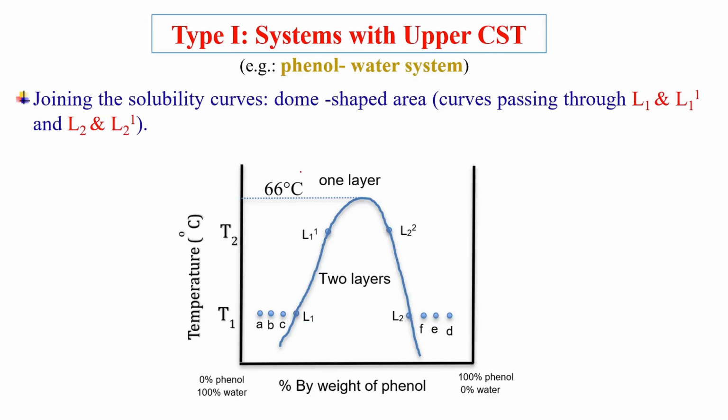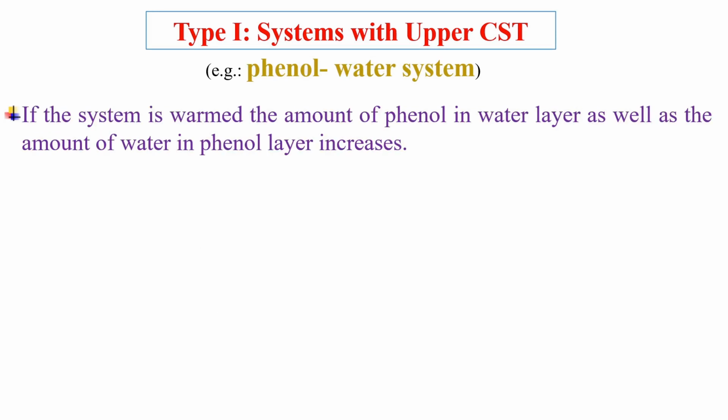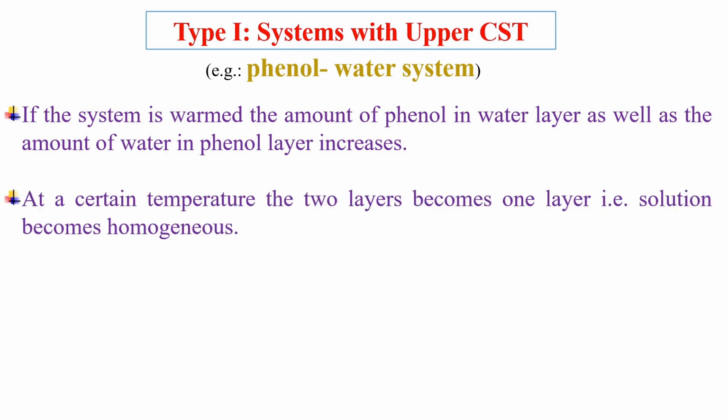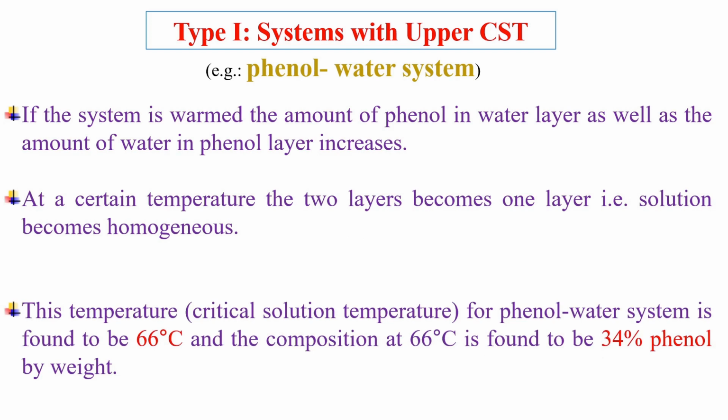By joining the points L1 and L2, a dome-shaped area is formed. If the system is warmed further, the amount of phenol in the water layer as well as the amount of water in the phenol layer increases. At a certain temperature, the two layers become one layer, that is, the solution becomes homogeneous. This temperature is called the critical solution temperature for phenol water system, and it is found to be 66 degrees centigrade.